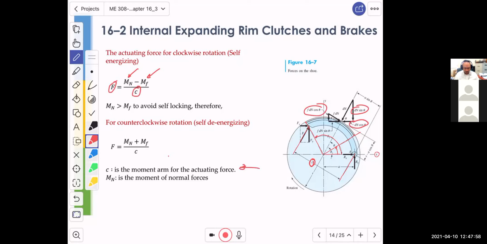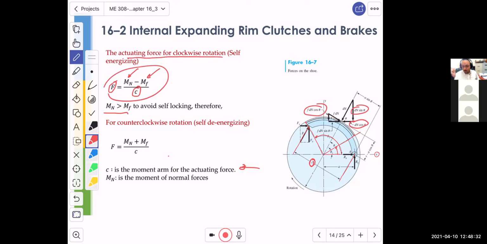Now, again, you can see that there is a normal force being subtracted from the frictional force. The same logic applies as the door stop. We need to make sure that the normal is greater than the friction in order to avoid self-locking. And this is resulting from an actuating force for a clockwise rotation, which will generate self-energizing.